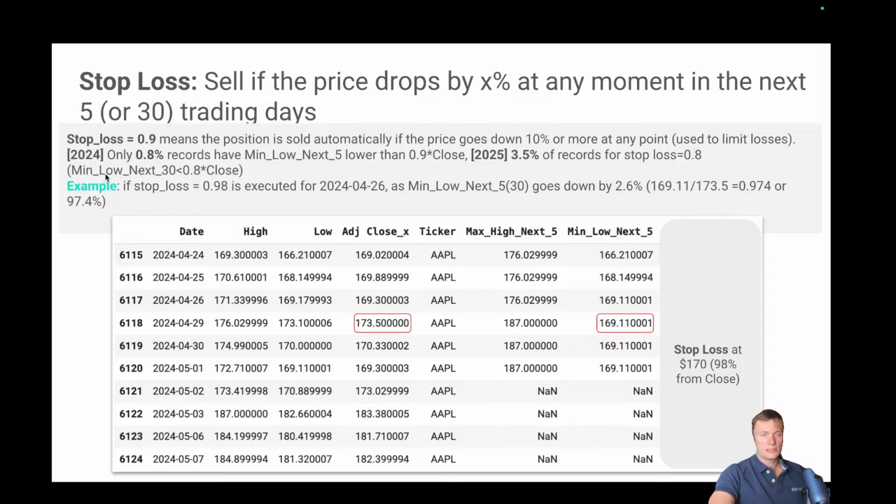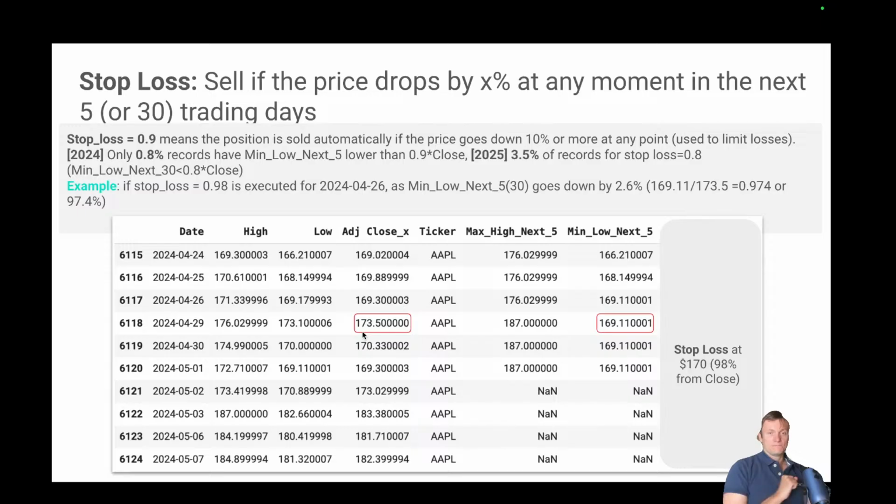Actually, the example is for a stop loss which equals 0.98, where you say that I do not tolerate even small losses, and if the stock price goes down by 2%, then I want to sell it immediately.